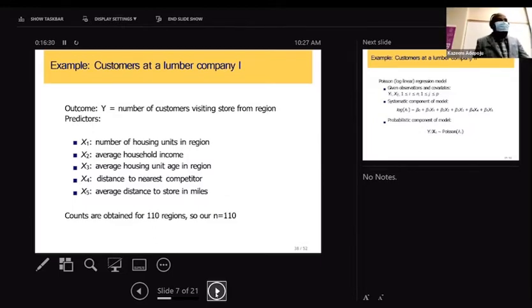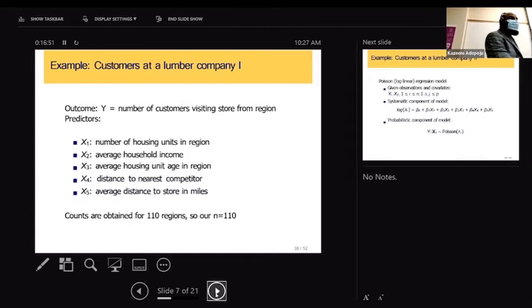We basically want to look at the effects of 5 predictors. Number one, number of housing units in the region, the average household income, the average housing unit age in the region, distance to the nearest competitor, and the average distance to the store.